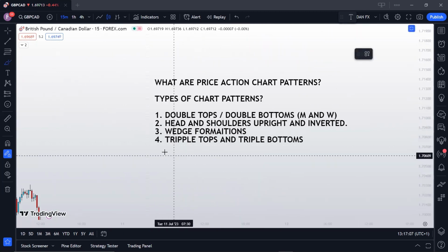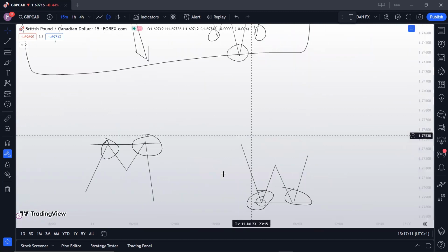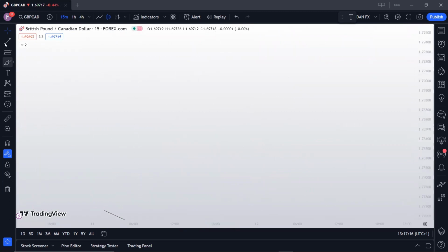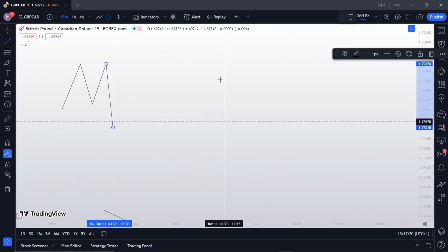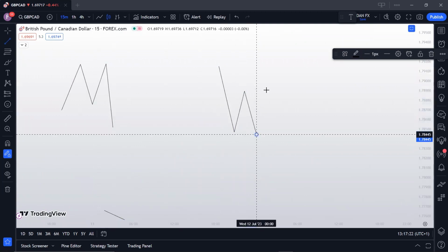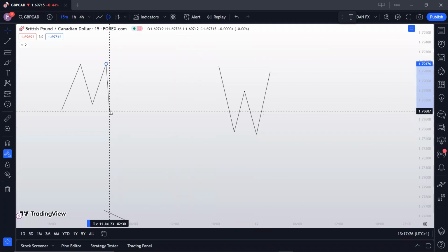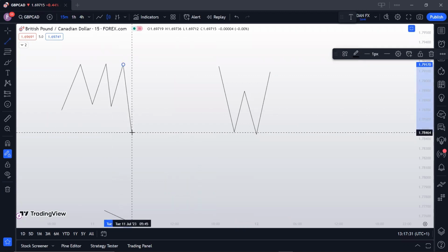And then the fourth one is your triple tops and triple bottoms. Now, triple tops and triple bottoms, they're just M and W formations with a third leg. So if you have your M like this, and you have your W like this, a triple top and triple bottom is just when the market gives you a third leg like this.